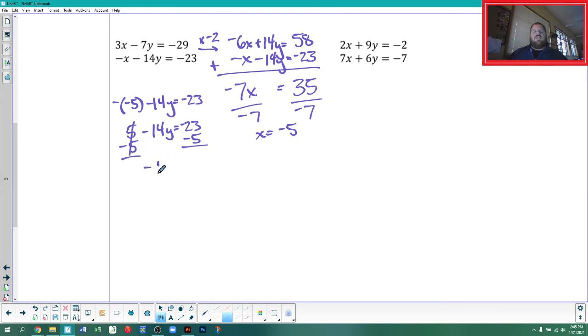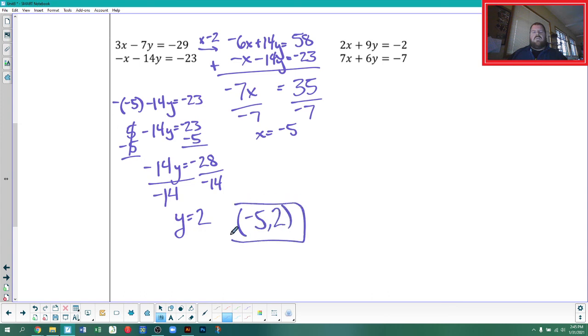Over here they cancel. I get -14y is equal to -28. Oh, look at that. It's going to work out real nicely. Divide by -14. Sorry about that. And we get that y is equal to positive 2. So the coordinates, -5, positive 2.